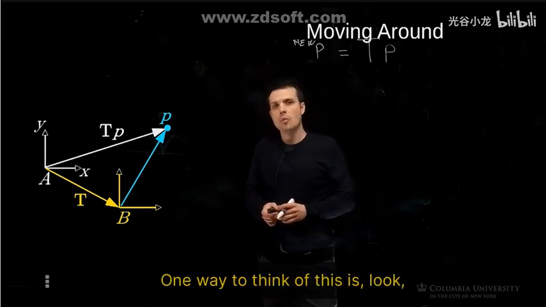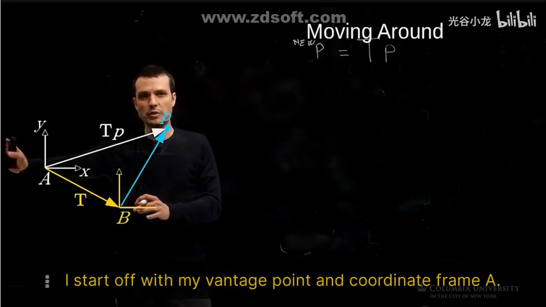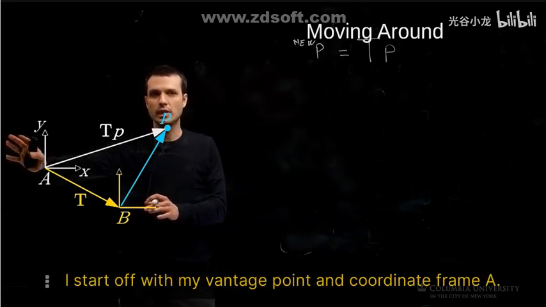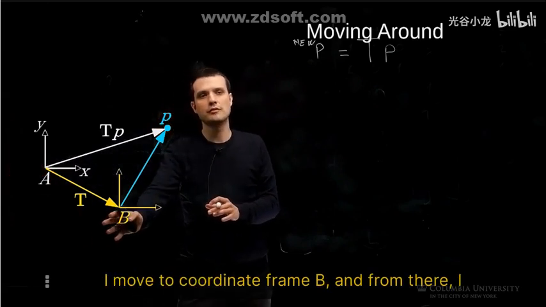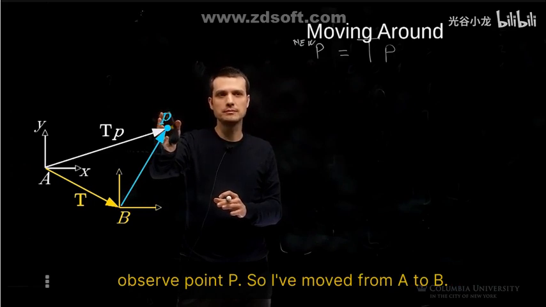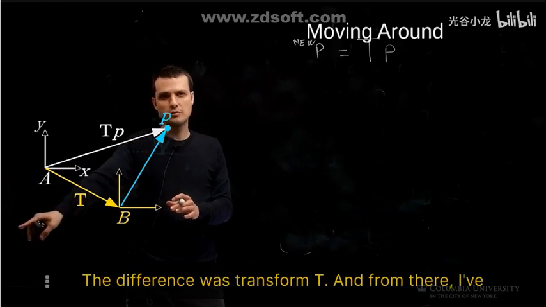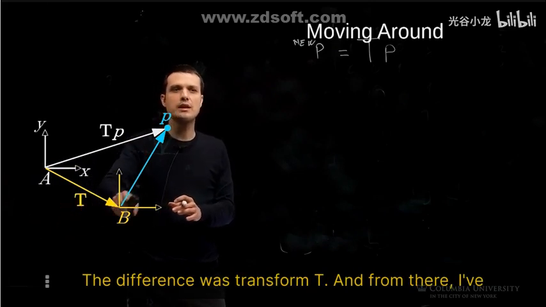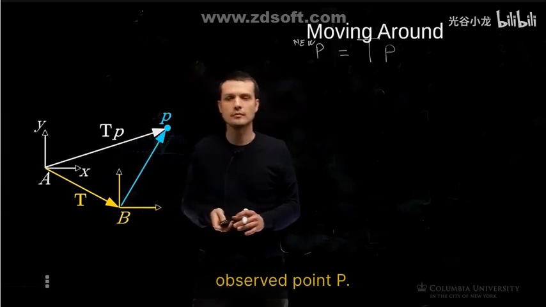One way to think of this is, look, I start off with my vantage point and coordinate frame A. I move to coordinate frame B, and from there, I observe point P. So I've moved from A to B. The difference was transform T, and from there, I've observed point P. Okay?